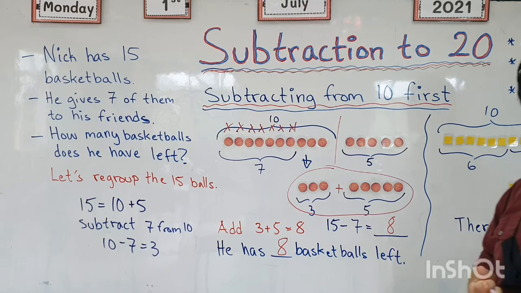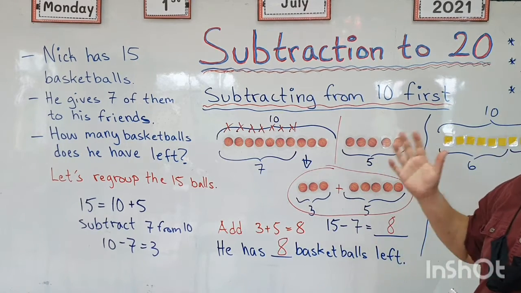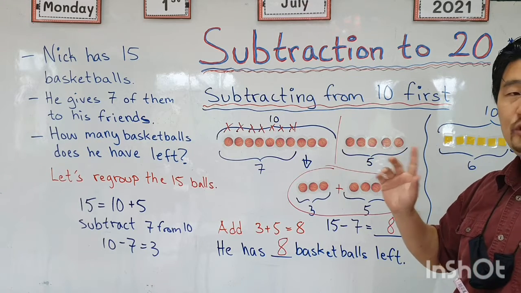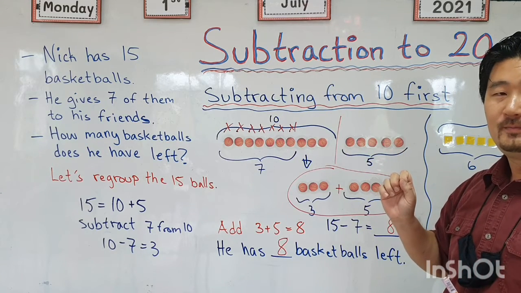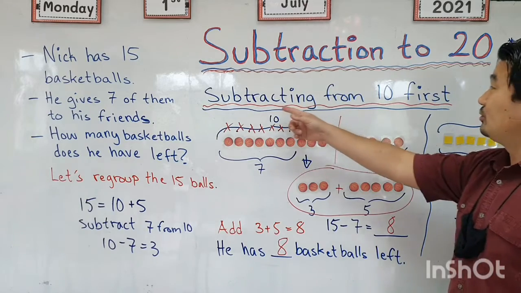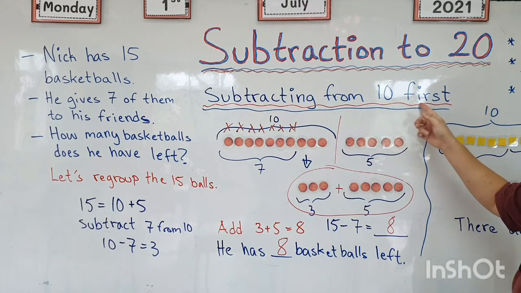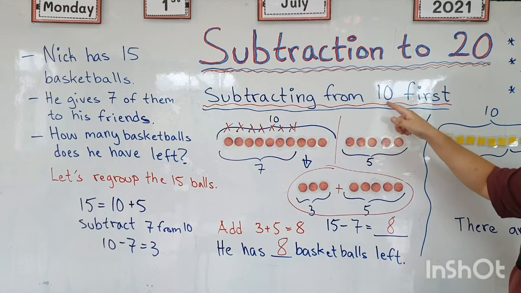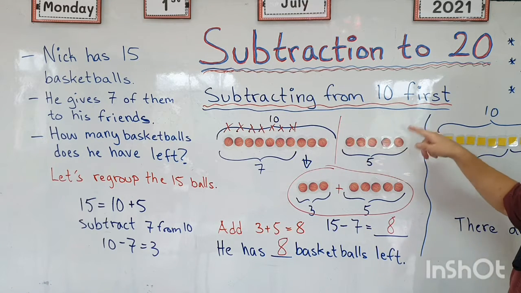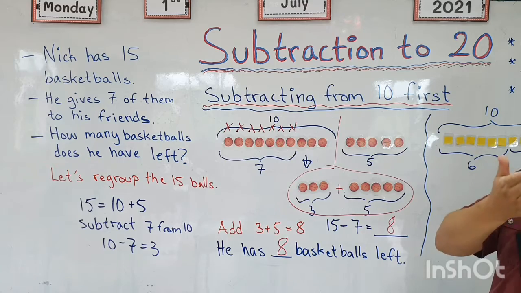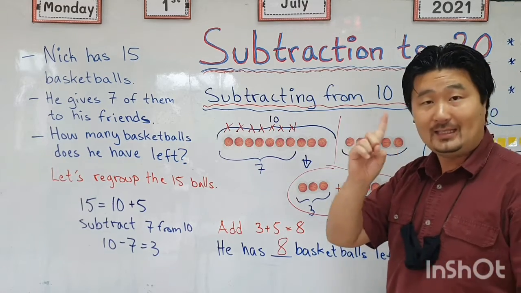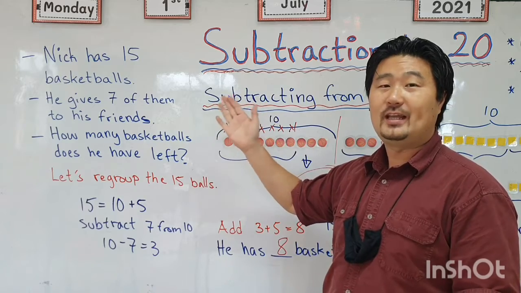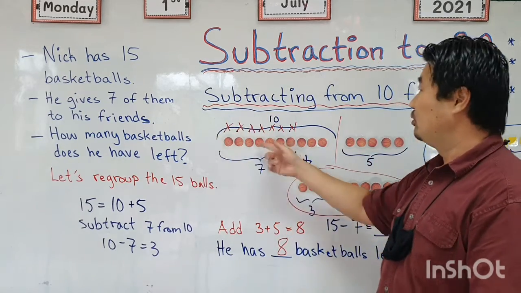When you do subtraction, you can use any of these methods unless they tell you to use a specific method. So you can subtract from 10 first, or you can subtract from the ones first. And it's completely up to you, unless in the problem, in the equation, they tell you to start with something.